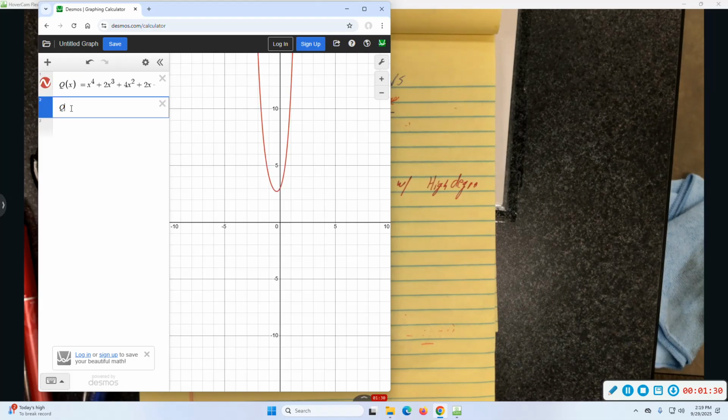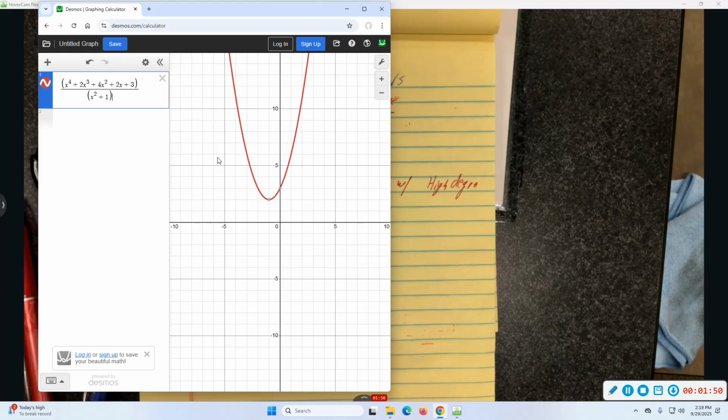I would like to know if that polynomial, oh no, I shouldn't call that q of x. That's not what it's called. There's the polynomial I'm interested in. In fact, let's not give it a name yet. I want to think about that thing divided by x squared plus 1. Oh, hey, look, that still looks like a degree 2 polynomial. So I expect this to still be a degree 2 polynomial.